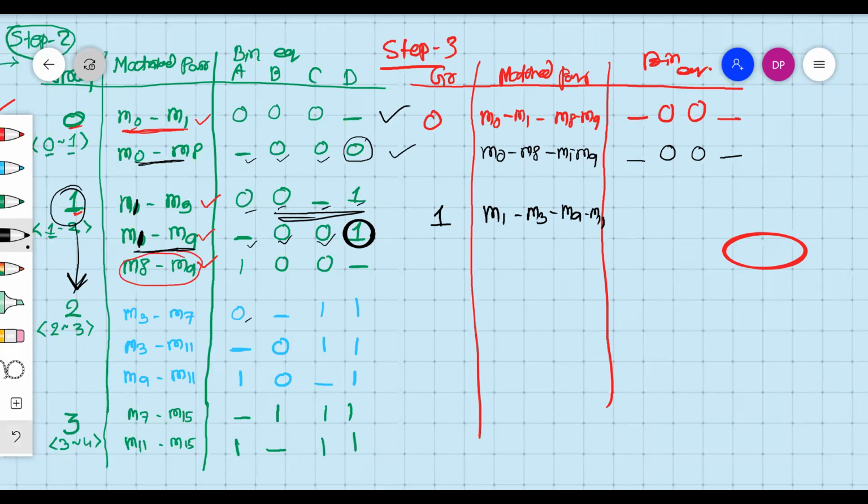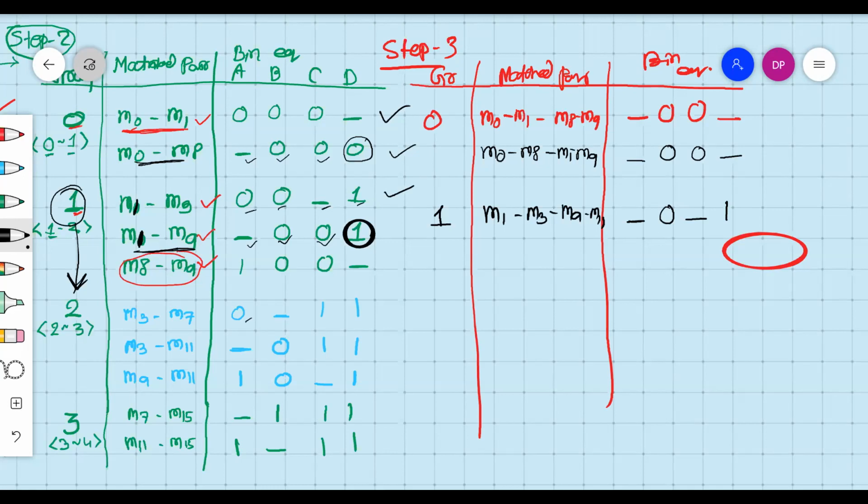So what will be the change here? This first bit changes. Yes. Okay, 0 dash, this is 1. So this is also covered. Now M1 M9, compare with these three.